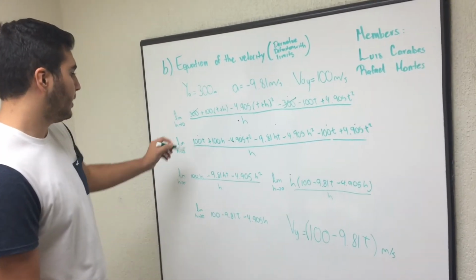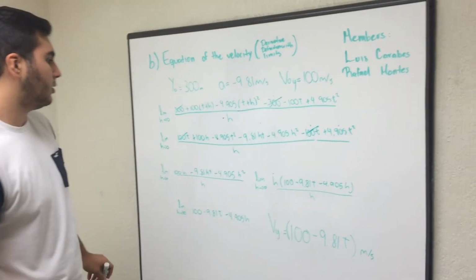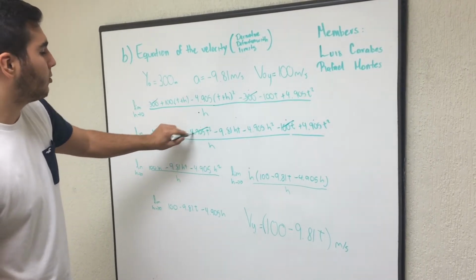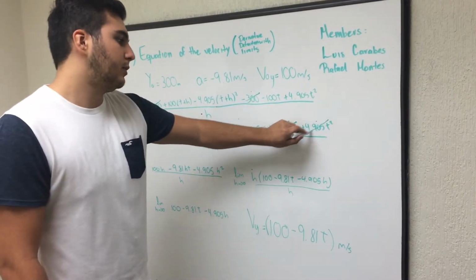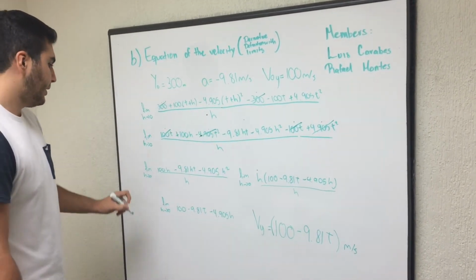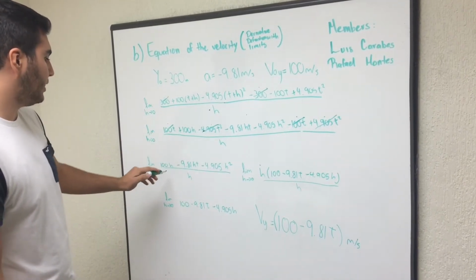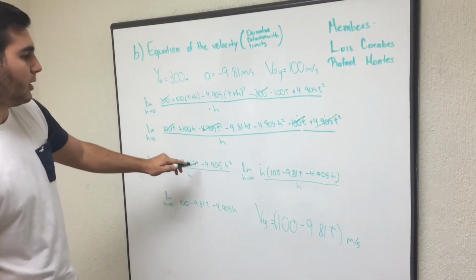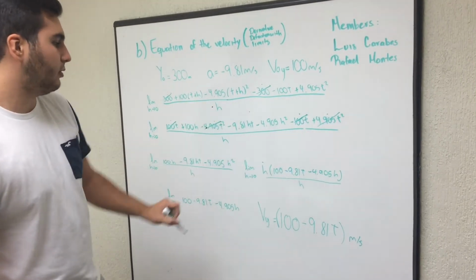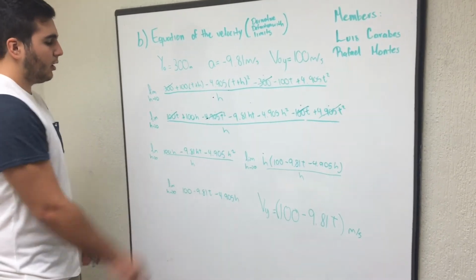In this part we have 100t and minus 100t, so those go out, and minus 4.905 t squared with plus the same thing, so they also go apart. In the next part we only put the values that we have, so 100h minus 9.81ht minus 4.905 h squared. So all of these over h.